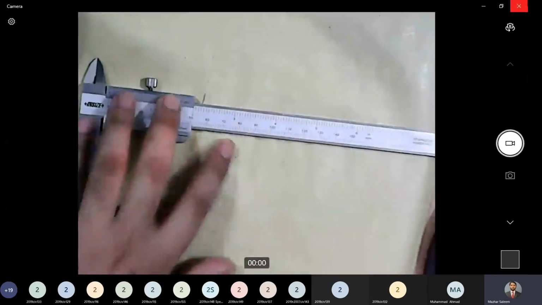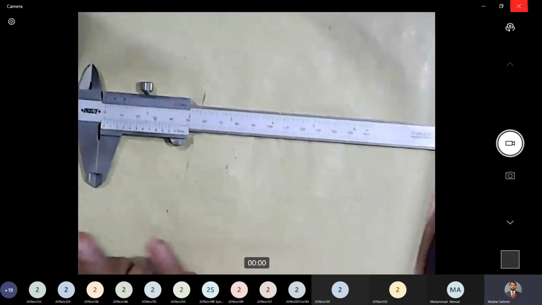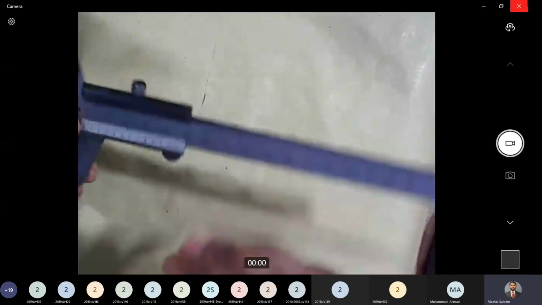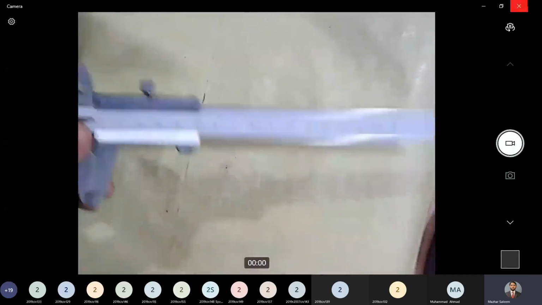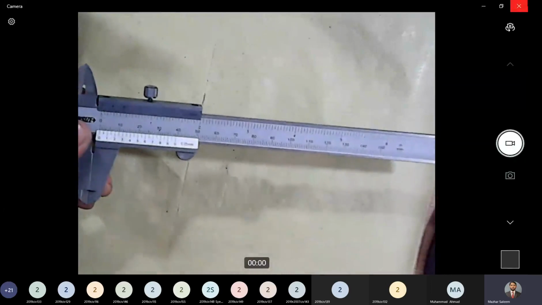Can you guys see the vernier calipers on your screen? Yes, sir. All right. So the way we will be proceeding with this lab is that first of all, I will give you an overview of all the instruments that we will be discussing. I'll be showing you in the video what an instrument is, how to use that instrument, and later on we will be reading some sample measurements.